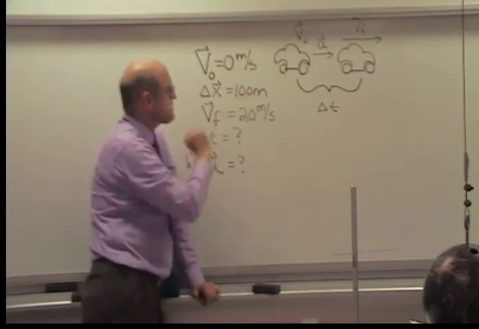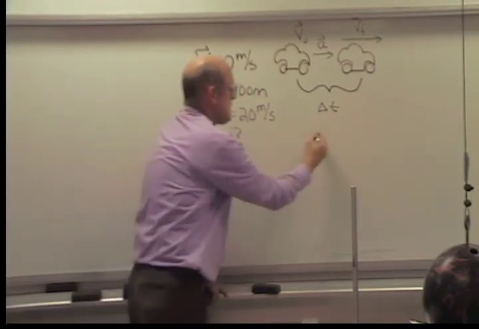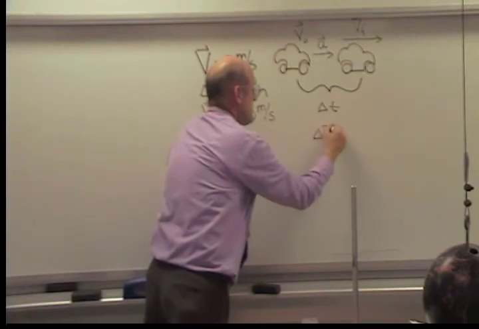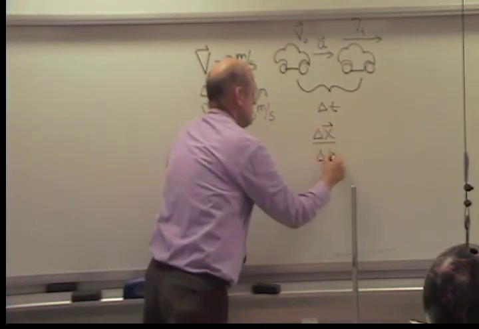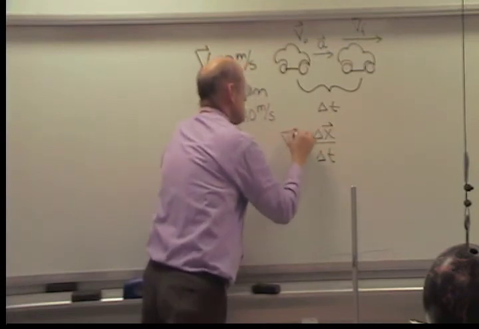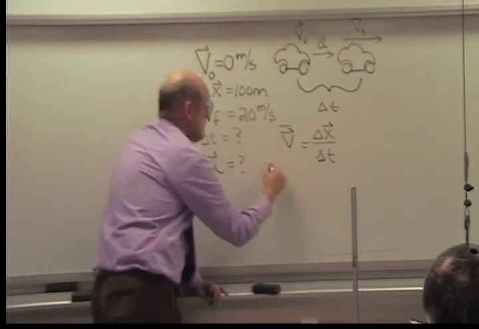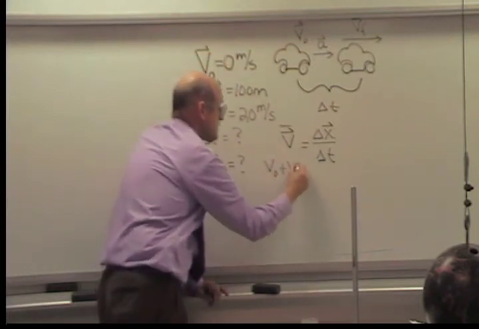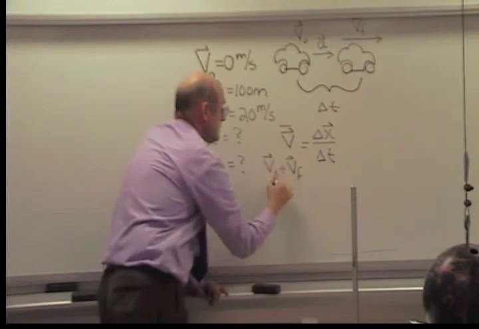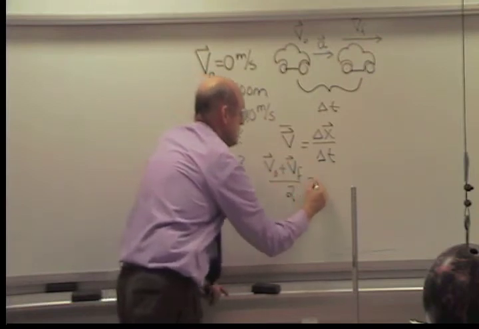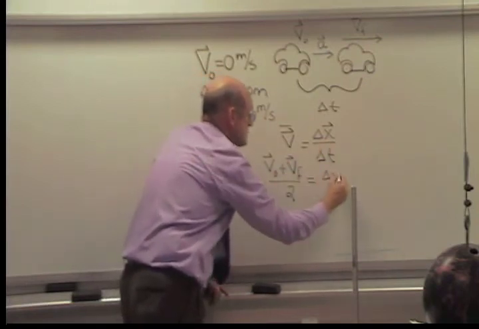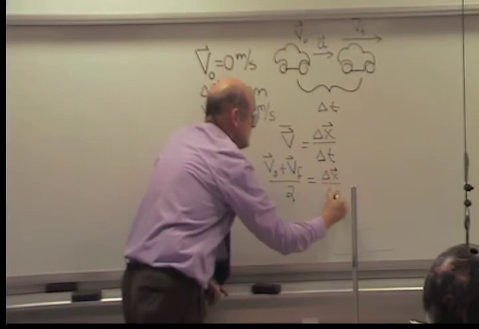And we know the displacement. So the displacement divided by the time is equal to the average velocity, which is, as I said, original velocity plus final velocity divided by 2 equals, and then delta x over delta t.